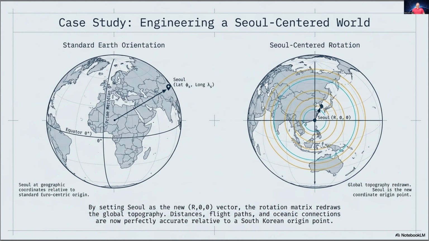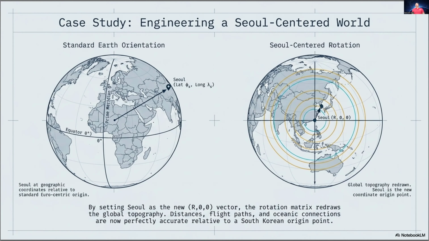And this is from Notebook LM. Very good. Okay, so write geographic coordinates relative to the standard Euro-centered origin for topography redrawn, so Seoul is a new coordinate origin point. By setting Seoul as the new R00 vector, the rotation matrix redraws the global topography; distances, flight paths, and oceanic connections are now perfectly accurate relative to the South Korean origin point.